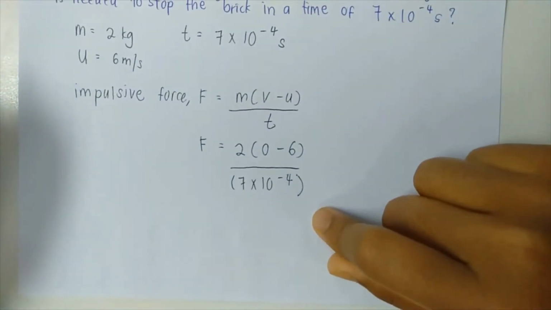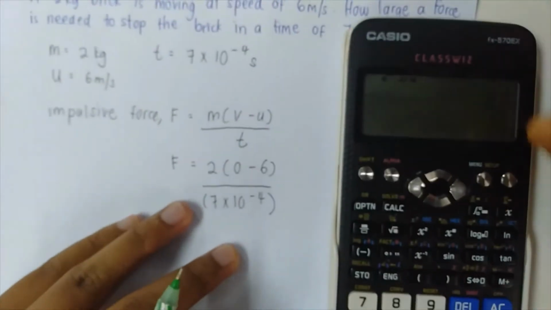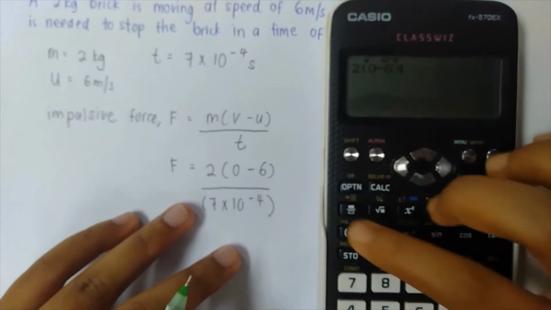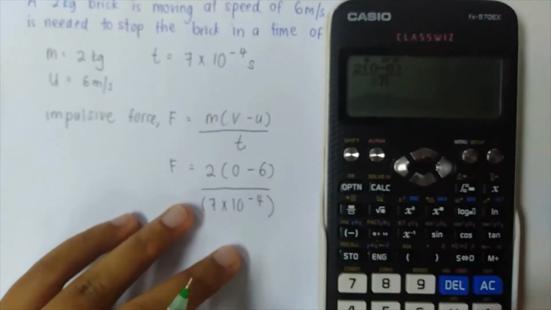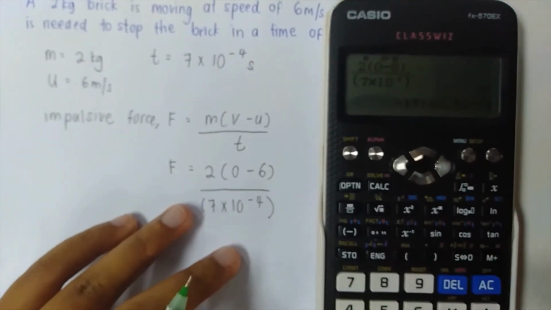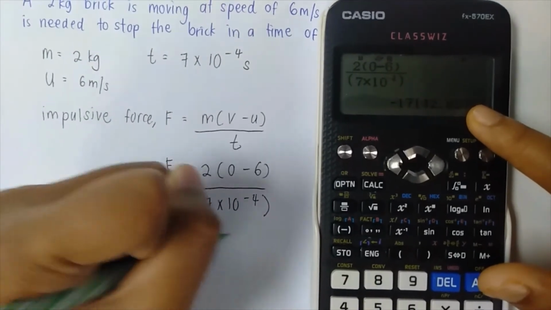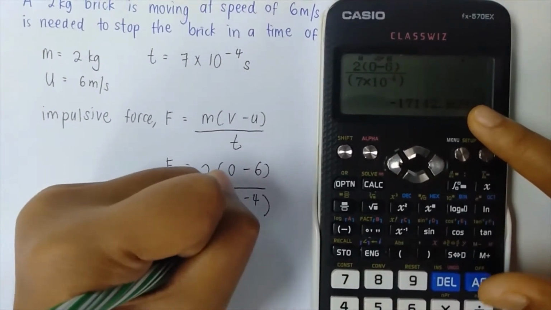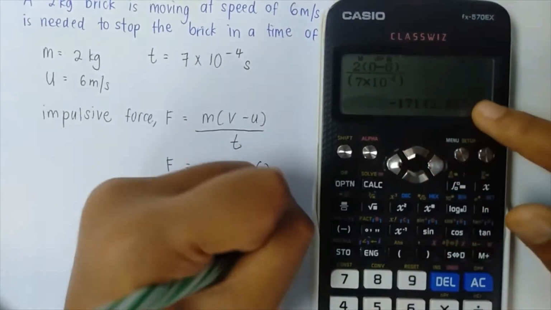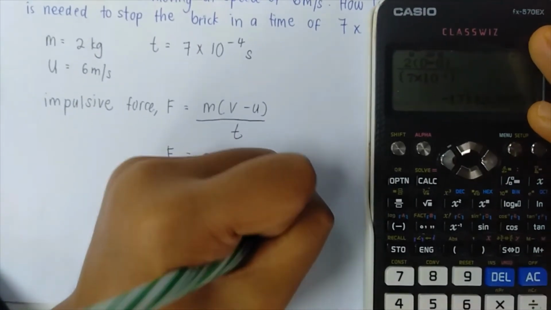Okay, now we use the calculator and calculate it. 2 bracket 0 minus 6 over 7 times 10 power negative 4. Now we get the force equals to negative 1.71 times 10 power of 4, sorry.